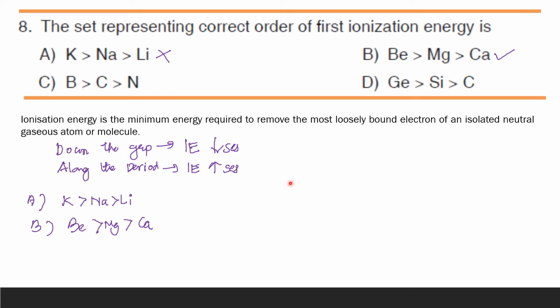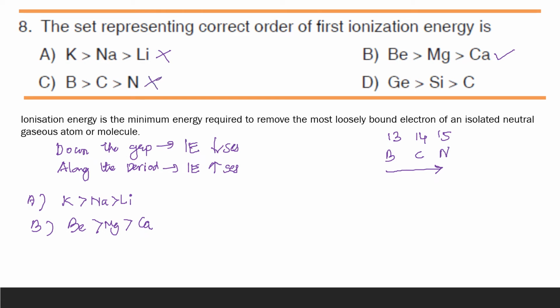When you arrange these elements from left to right, boron is a group 13 element, carbon is a group 14 element, and nitrogen is a group 15 element. I have already told you that along the period the ionization energy increases. Therefore, when you are moving from left to right of the periodic table, ionization energy should increase. But in this case, it is given that boron has the highest ionization energy. Therefore, this option is incorrect.